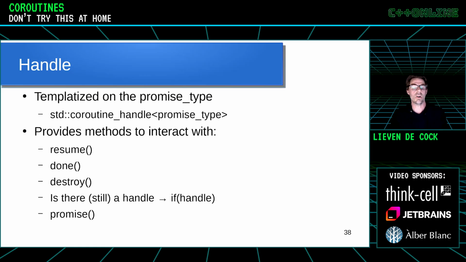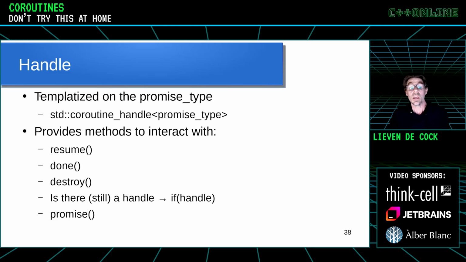So that means the constructor of our radio station needs to get a handle. So that's an argument. The handle of a coroutine is templatized on the promise type. And that handle, that's really the core thing for the compiler. And since we are dealing with coroutines, it means that handle is going to have methods that don't come out of the blue.